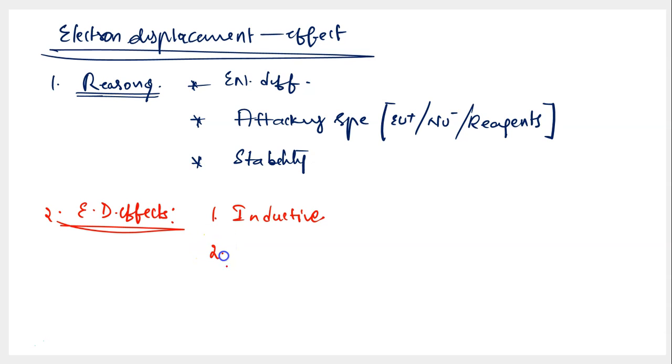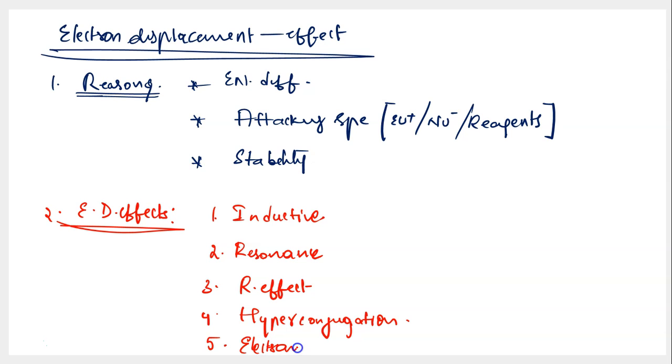The second is resonance, and the third is resonance effect. Both of them are different; resonance and resonance effect are two different things. The fourth one is hyperconjugation, and the fifth is electromeric effect.